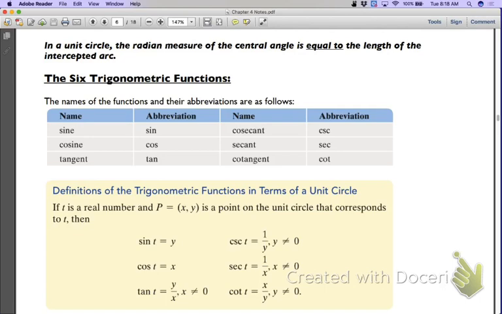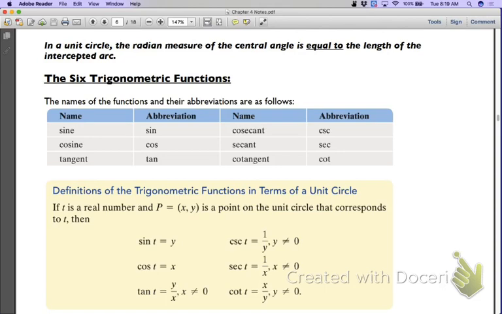If you notice with the table, you have sine. The reciprocal of sine is cosecant. With cosine, the reciprocal of cosine is secant. The only ones that truly make sense as far as their names are tangent and cotangent, being reciprocals of one another.